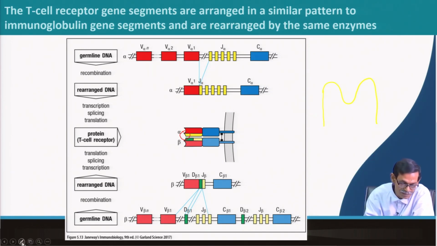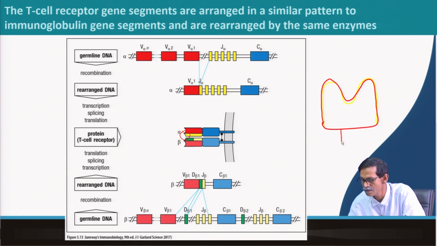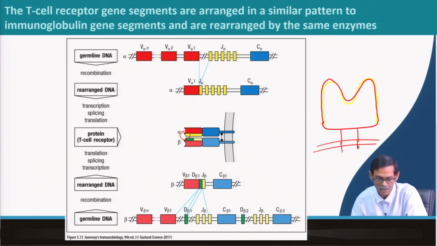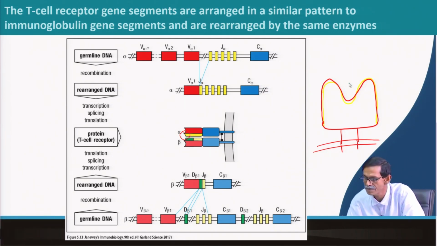Let me change the color. Say MHC is red. So, this is the MHC, say suppose this is MHC class 2, and here you have an antigen like this. Okay. This is the structure.